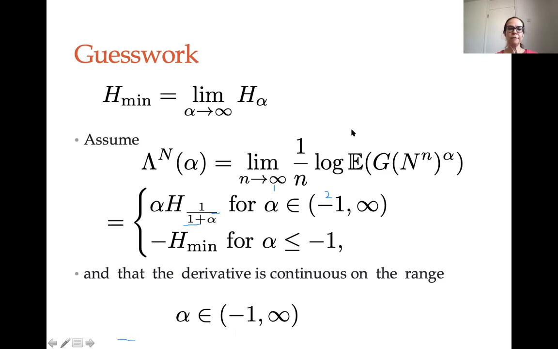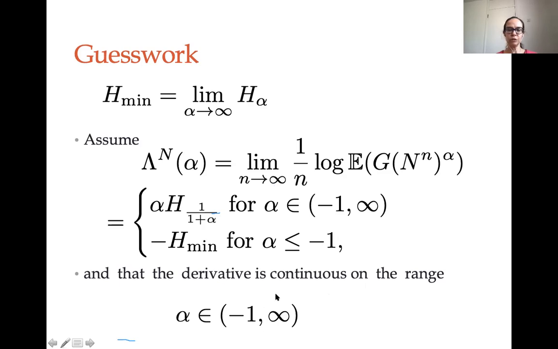But basically what happens is if I look at these different moments and I look at this log and I call this lambda n, if we assume that this holds, which was shown under a variety of conditions, again, I'm going to refer to the papers, and if the derivative is continuous on this range, again, we don't need to look at the full range.